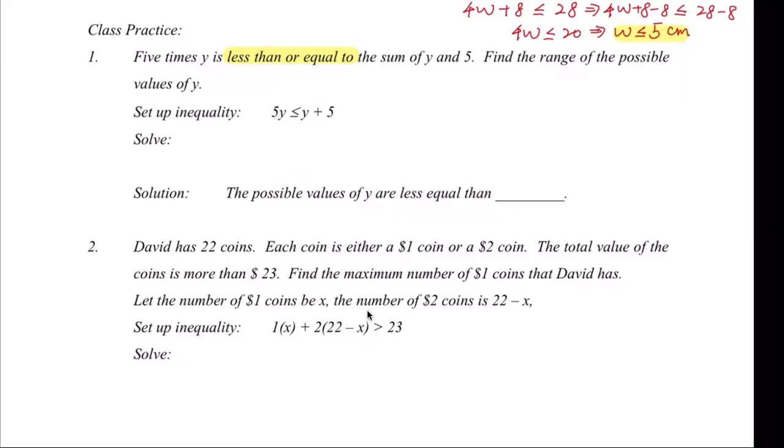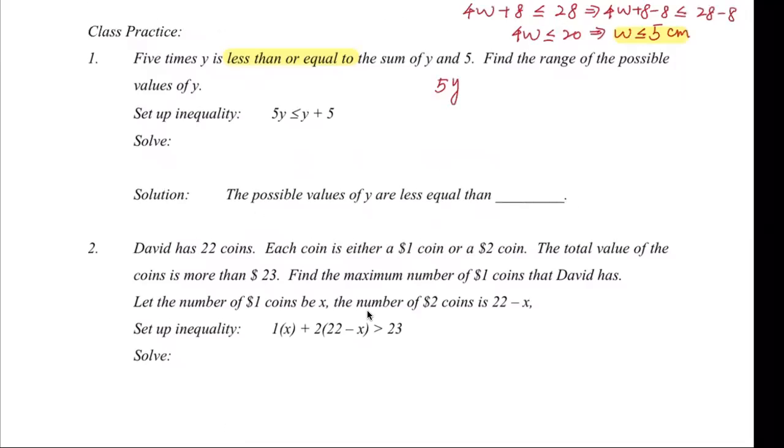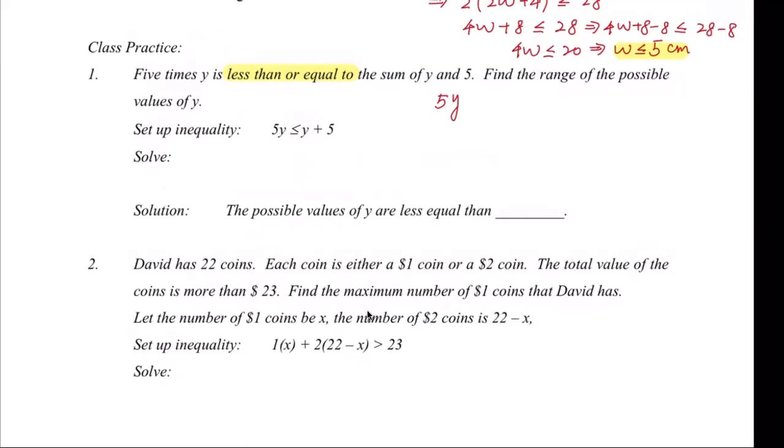5 times y, that's 5y, is less than or equal to the sum of y and 5. That means y plus 5, right?